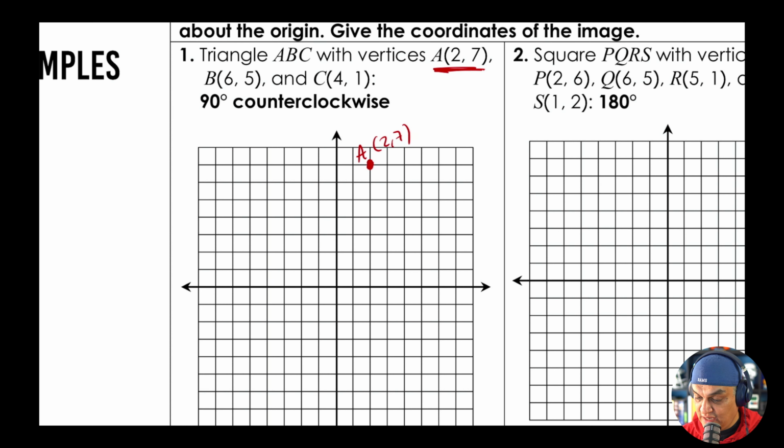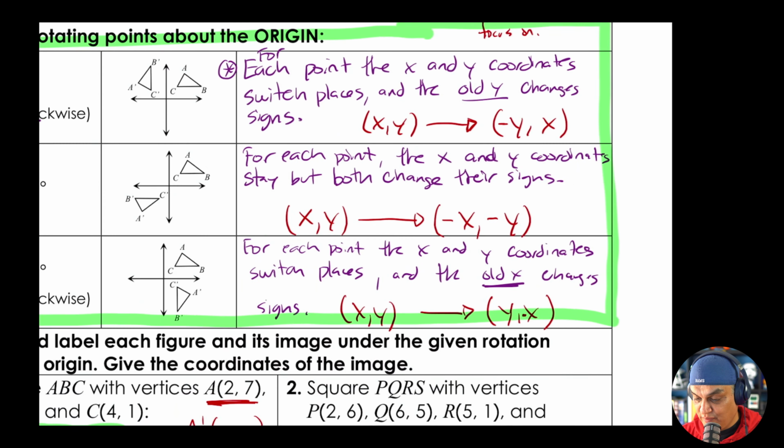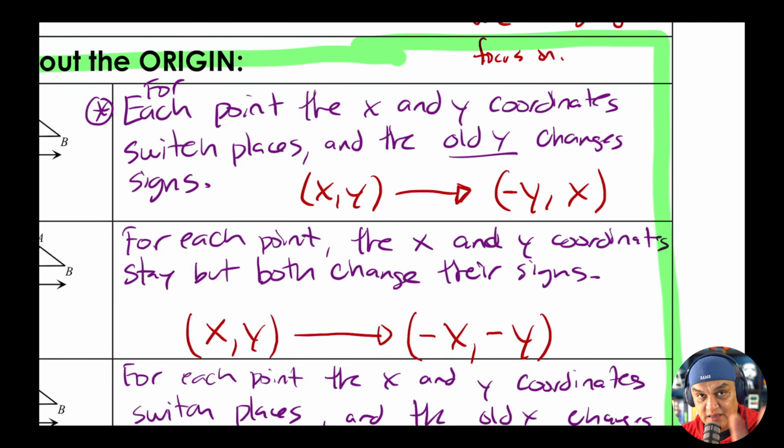I need to rotate it. What does it say? Rotate 90 degrees counterclockwise. So what happens if I want to get A prime? A prime is going to be A, but I'm going to do something to it. So let's go back. What do I do to it? It switches, and the old Y becomes negative.